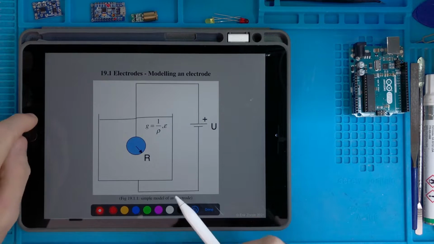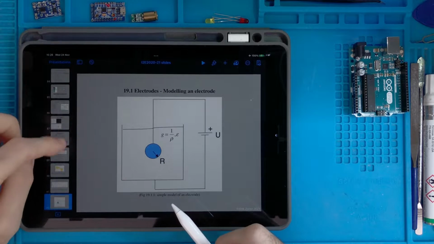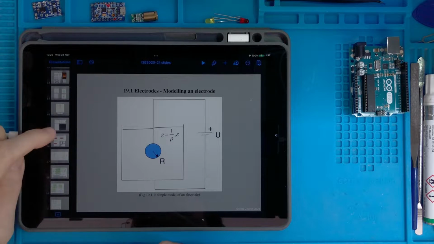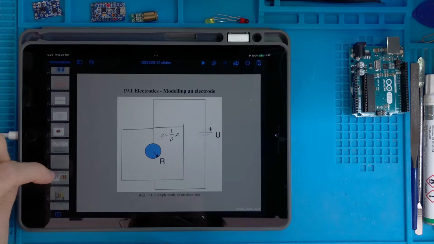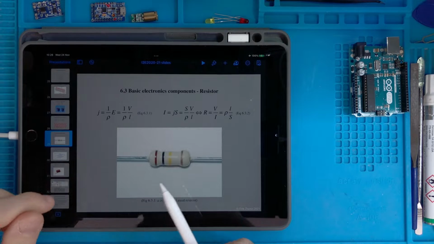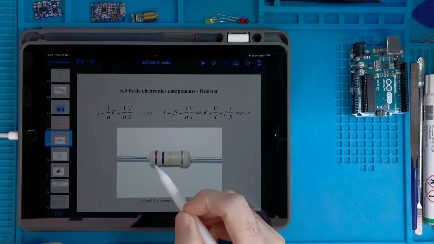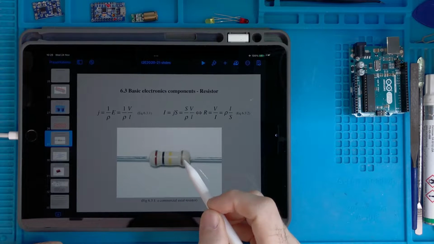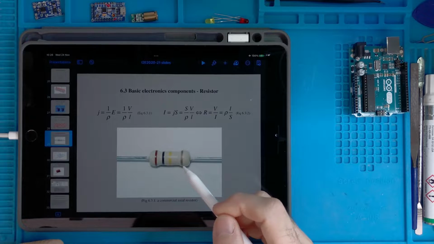So if we remember the resistor, we have to go back quite a lot. Here it is. So we said that this barrel is a sort of cylinder with something in it, and we call this thing an ohmic conductor.